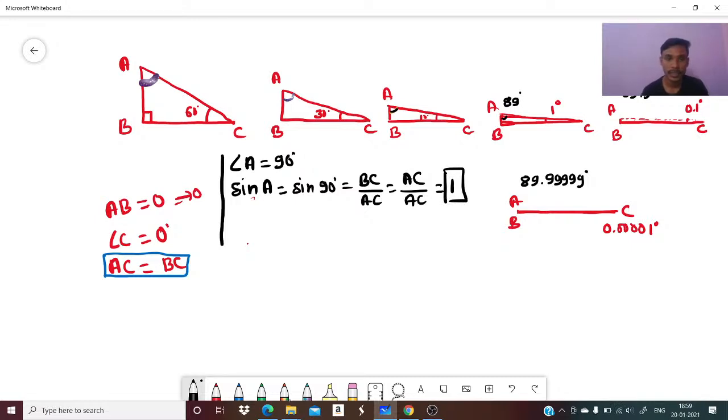Similarly for the cos of angle A, that is cos of 90 degree, cos of angle A will be given by adjacent upon hypotenuse, right? So adjacent is AB. Let me write a bit downwards.